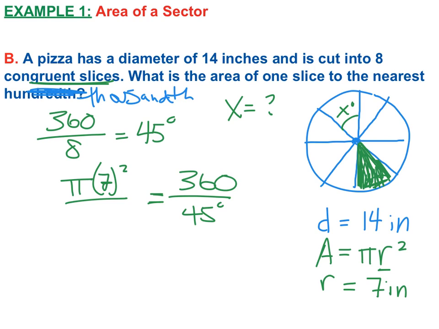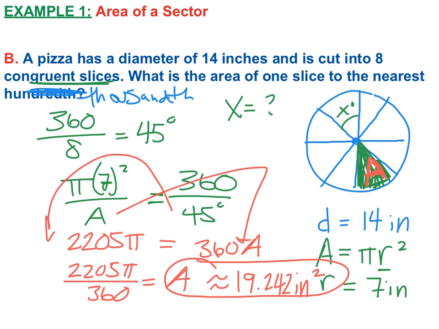And then we want to find the area A, which is the whole area of that slice right there. And then we can do the cross multiplication. So pause the video and find that answer. And you should get an answer of 19.242 inches squared.